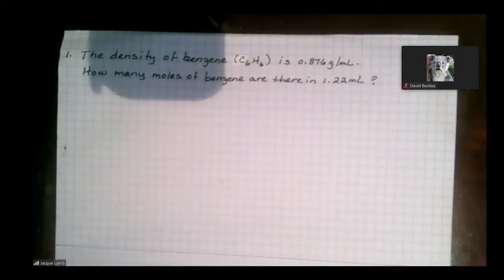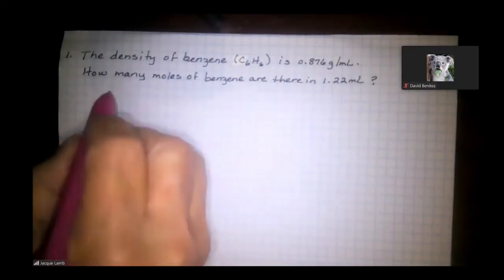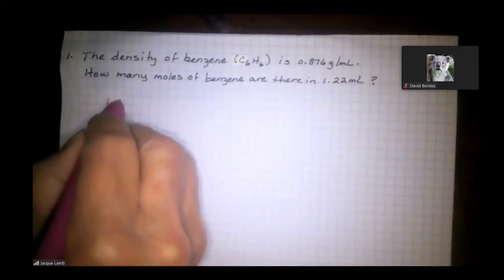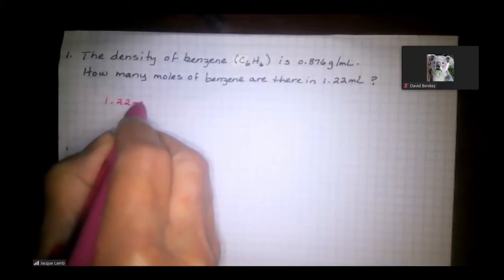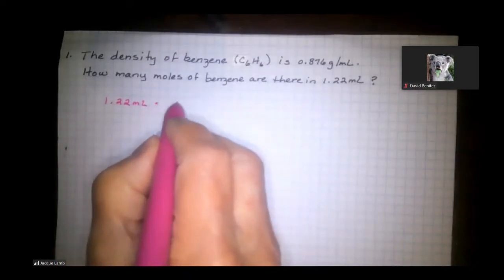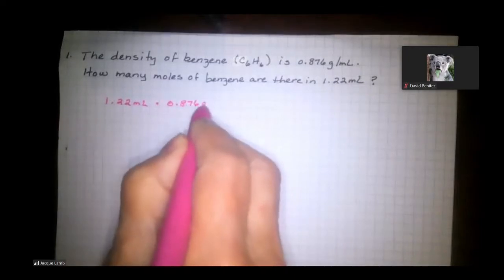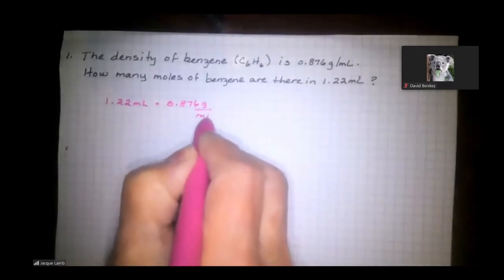Okay. So that first problem was: the density of benzene, C6H6, is 0.876 grams per milliliter. How many moles of benzene are there in 1.22 milliliters? So we're going to take the volume, 1.22 milliliters, and multiply that times the density, which is 0.876 grams per milliliter.